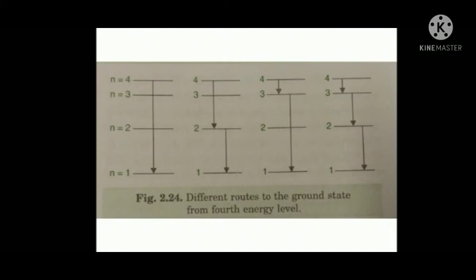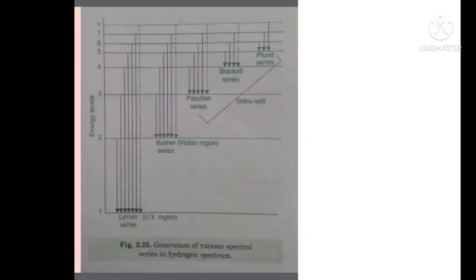Now, the line which is produced when an electron jumps from any of the higher energy levels to the first energy level belongs to the Lyman series. Likewise, if an electron jumps from any of the higher energy levels to the second energy level, that line we get in the Balmer series.